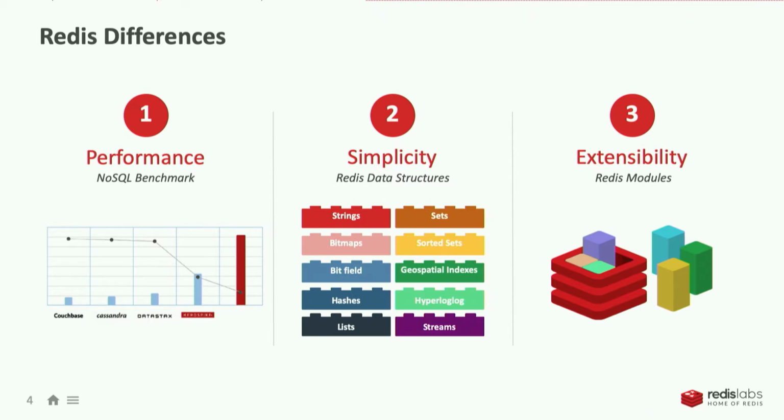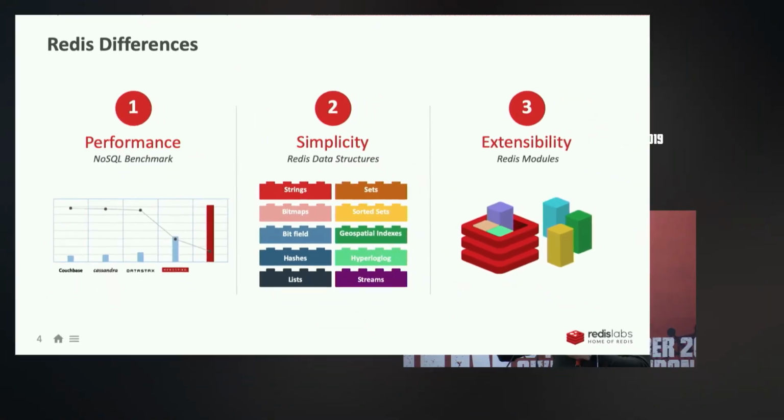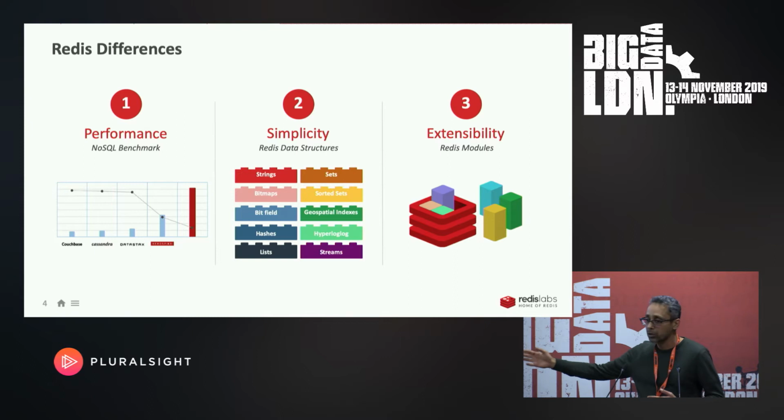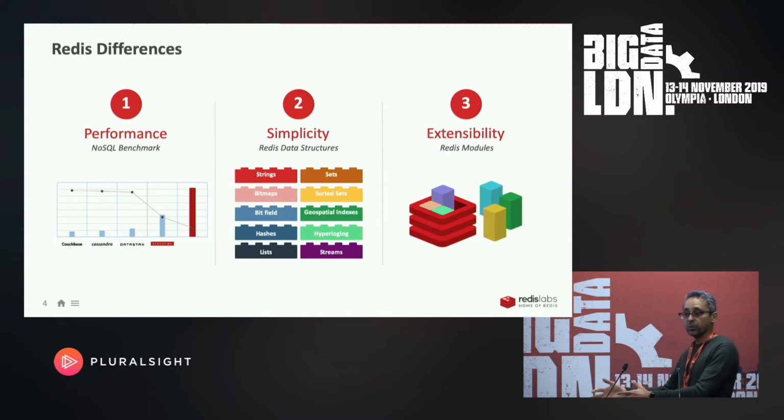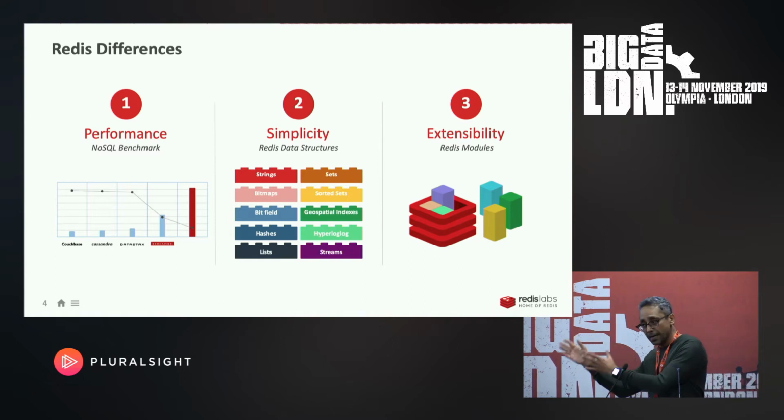Out of the box, it provides about 9 different data structures, for geospatial, and it provides a probabilistic data structure, HyperLogLog. But there was always the question: can someone implement a Bloom filter? Can someone implement a min-max k?